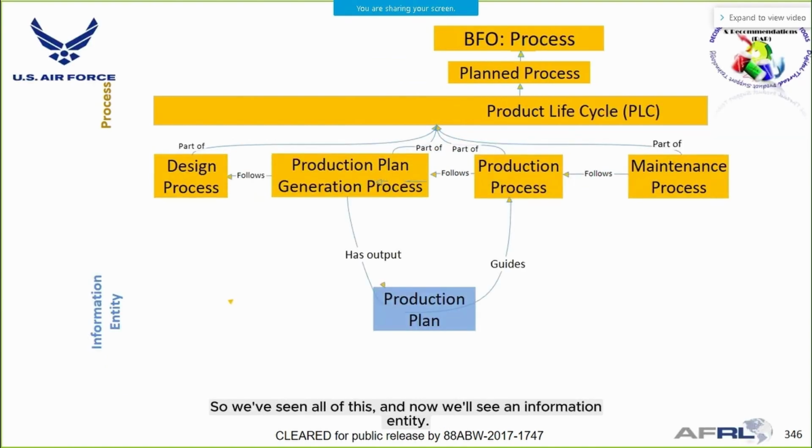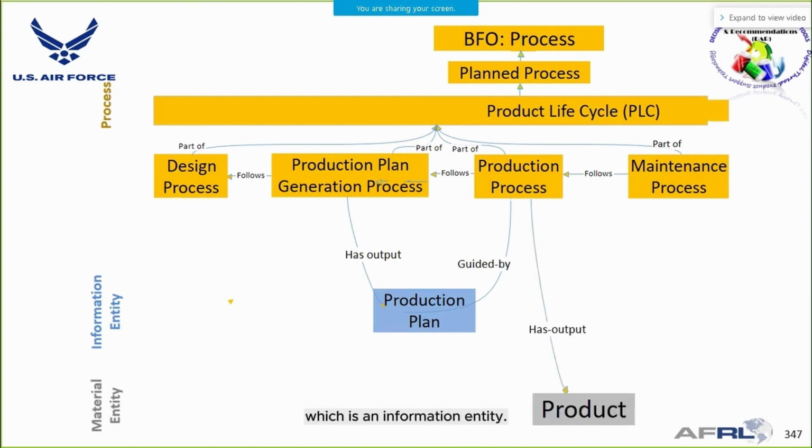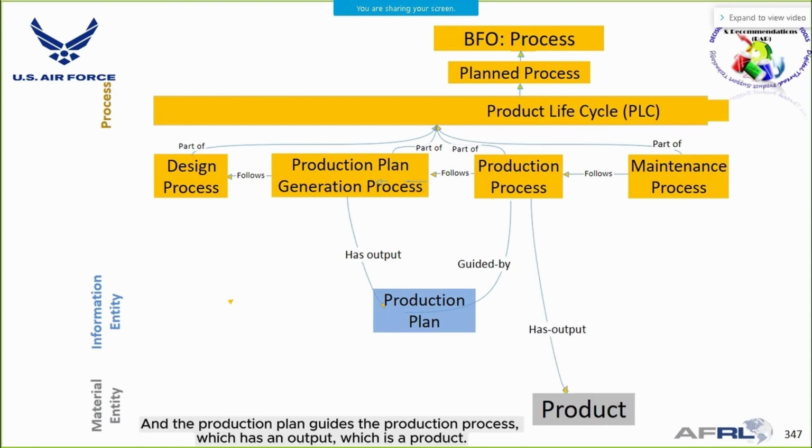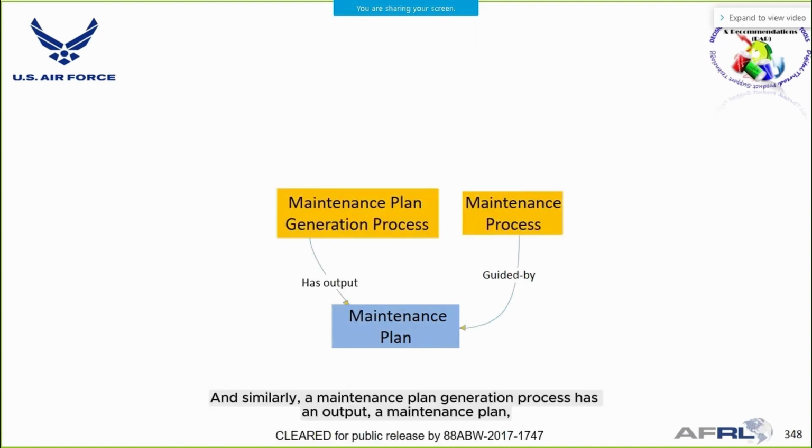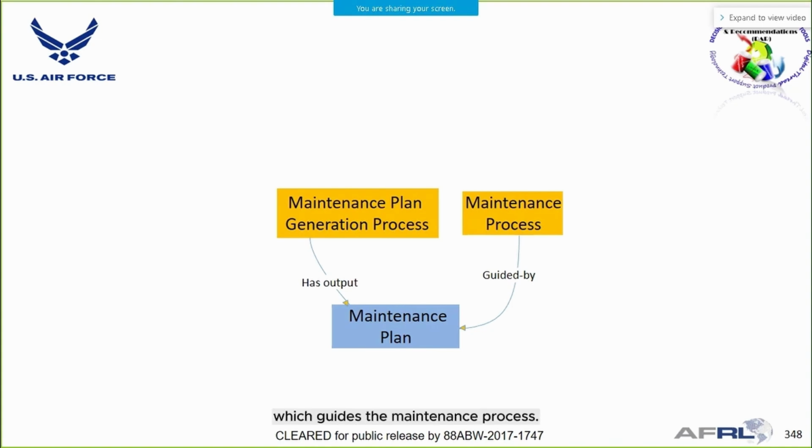And now we'll see an information entity. So the production plan generation process has an output, which is a production plan, which is an information entity. And the production plan guides the production process, which has an output, which is a product. And similarly, a maintenance plan generation process has an output, a maintenance plan, which guides the maintenance process.